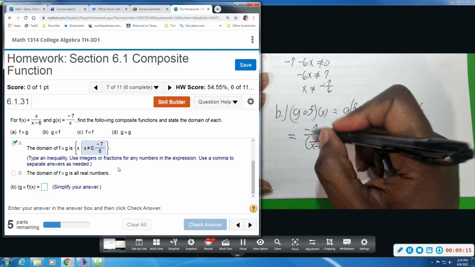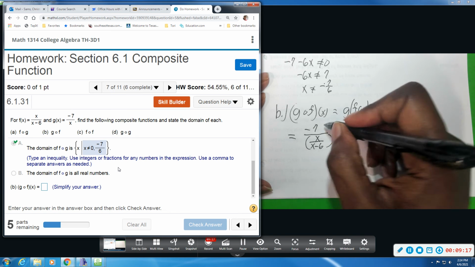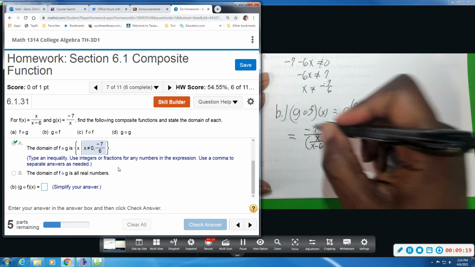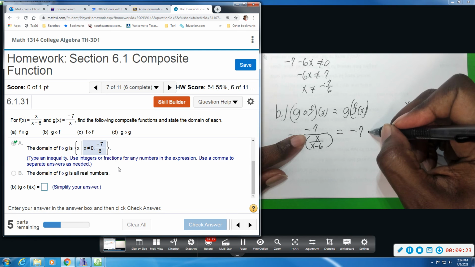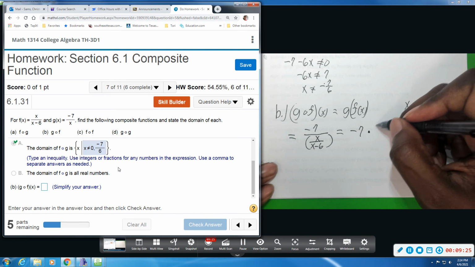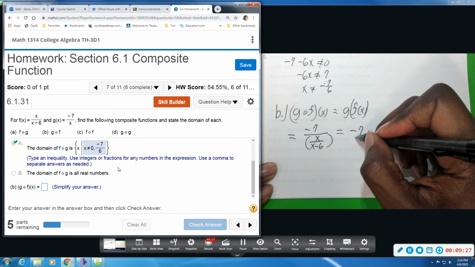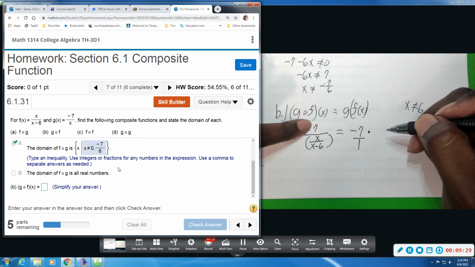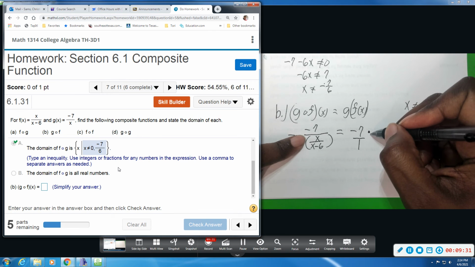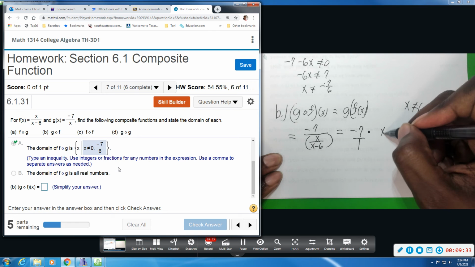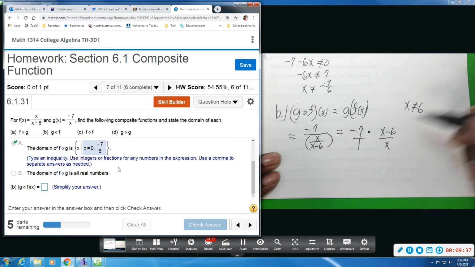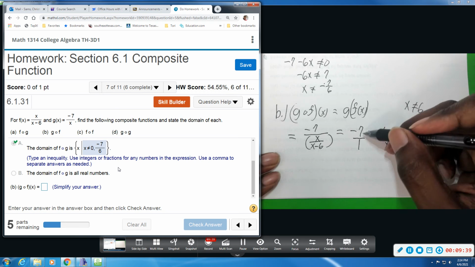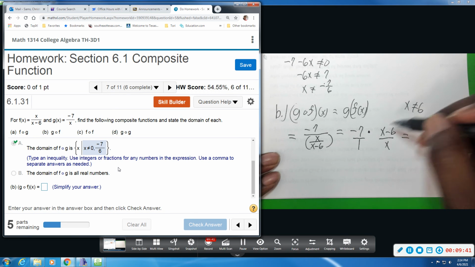You take the negative 7, you keep that, change division to multiplication, and you flip this expression. So let's just write this as negative 7 over 1. So you keep that, change to multiplication, you flip this. So this will be x minus 6 over x. Keep, change, flip. And then we'll distribute and multiply straight across.